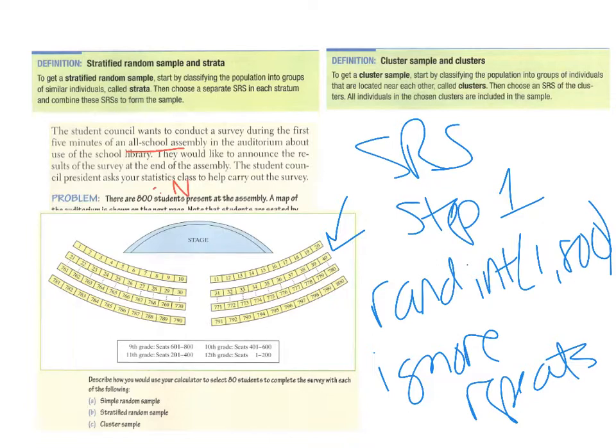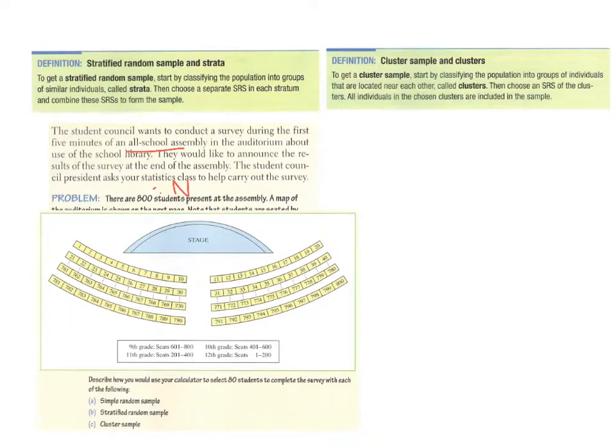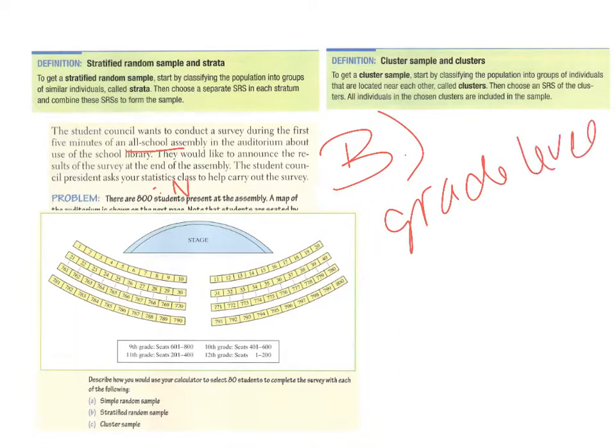If I want to get a stratified random sample, so we're looking at B here now, the stratified random sample. Well, they're already stratified for me, right? It's already done by grade level, and we know where each grade level is sitting. Okay, so we need a total sample size of 80, and there are 4 grade levels. So we can take an SRS of, for instance, the 9th graders.